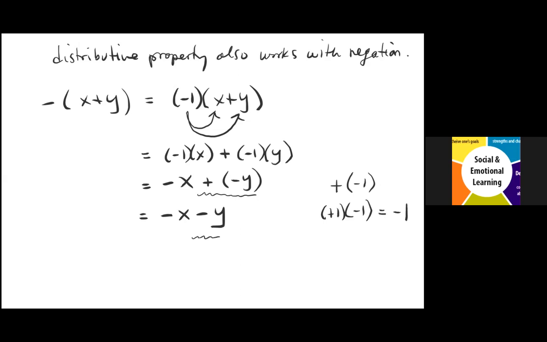So lots of times we're going to get a sign that's outside of a bracket, and we just multiply the signs together to get the resultant sign.